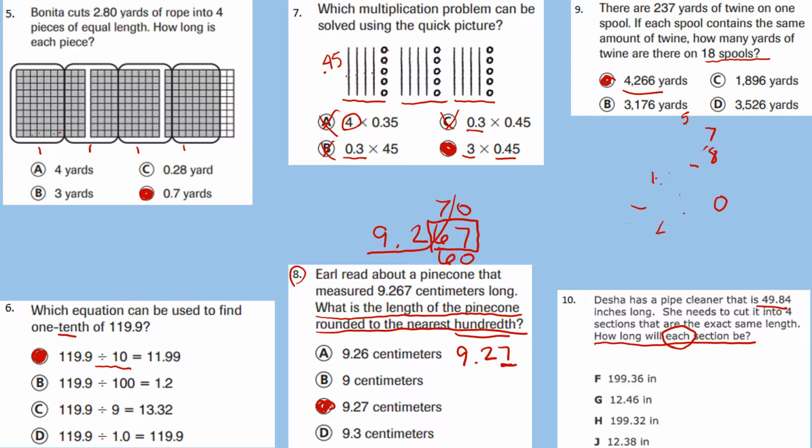So we have 49 and 84 hundredths divided by 4. 4 goes into 4 one time, that's 4. 0, bring down the 9.